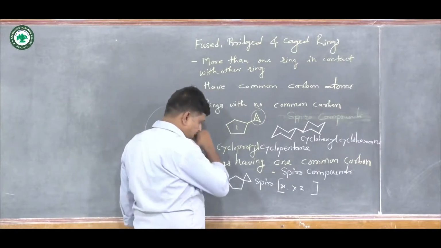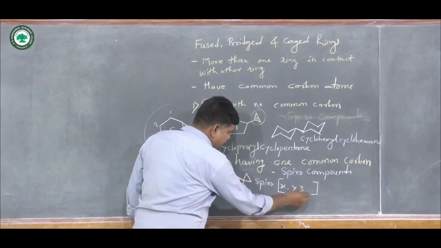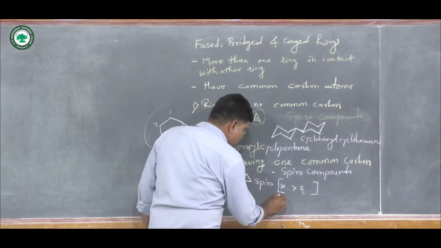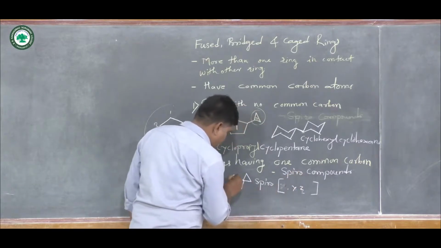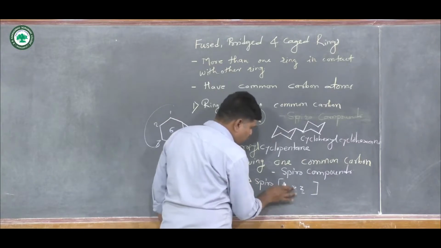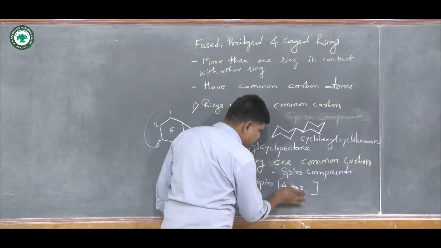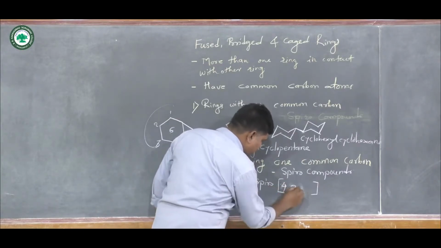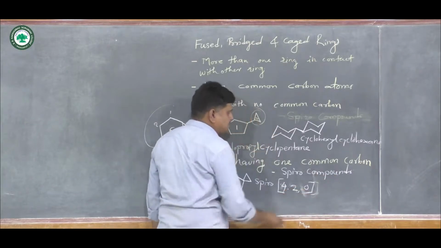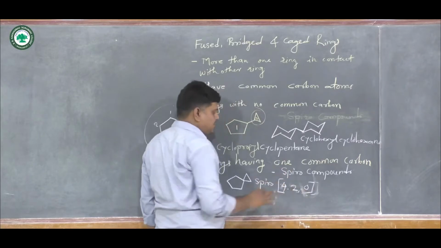In this case there is no Z, because there is no uncommon carbon atom in a third ring. So we write 4 for X, 2 for Y, and 0. In a spiro compound, Z is always 0.